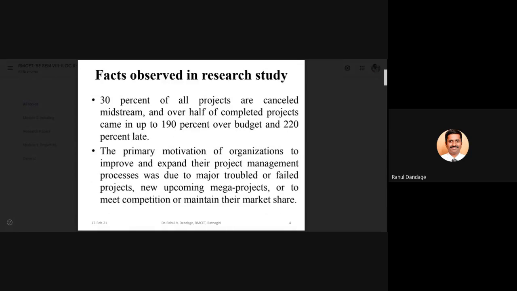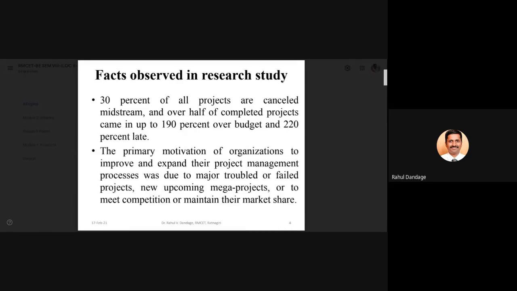So you can just imagine, if a project has crores of investment, and it is completed 30, 40, 50%, and then the project is cancelled, you can see the amount of financial resources which get stuck up in that project, because there are no outcomes, and how to recover the investment will be the biggest question.